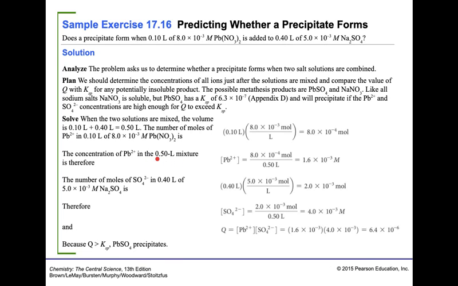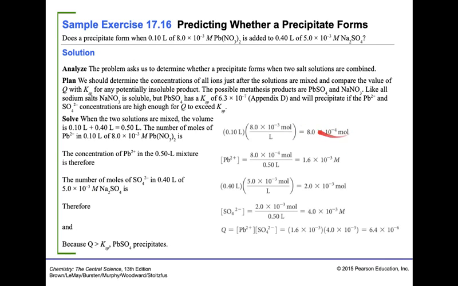Okay, so what they want you to do is come up with your new molar concentration based on your new volume. So if I take this first value of 0.10 liters and I change it into my number of moles that I actually have by using this value, the molarity, that means I'm just going to do a simple multiplication problem and I get this many moles of lead, okay?